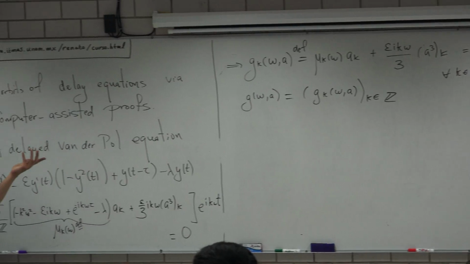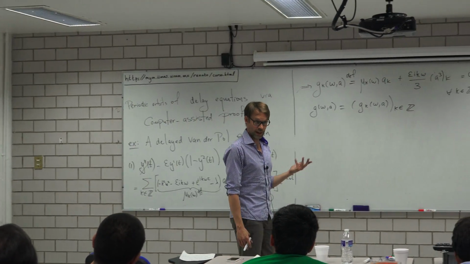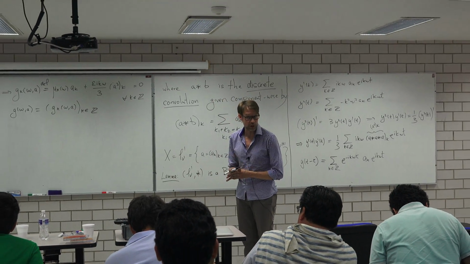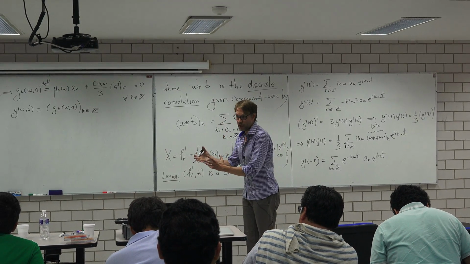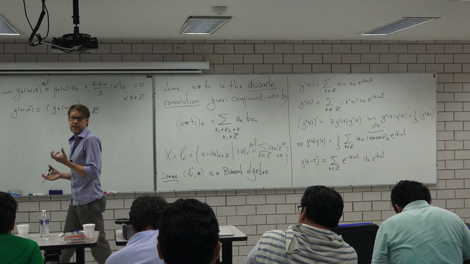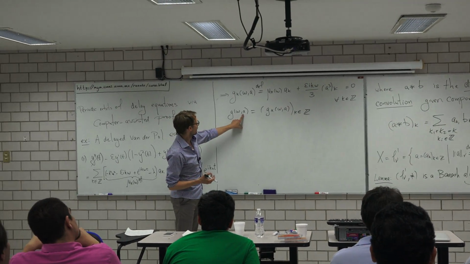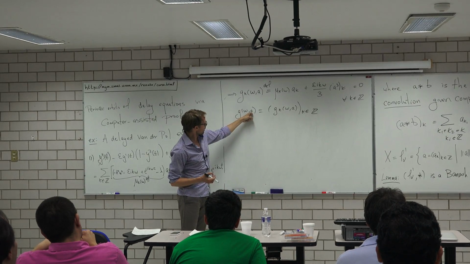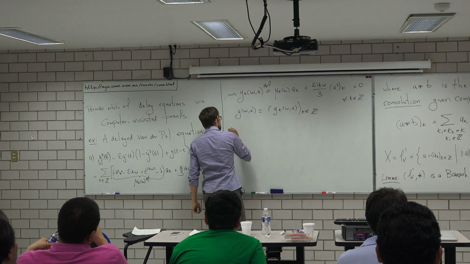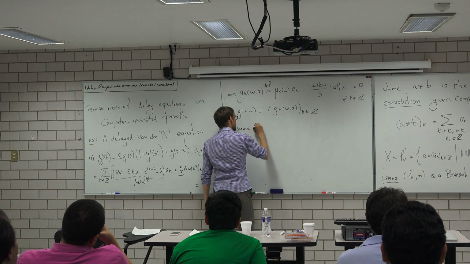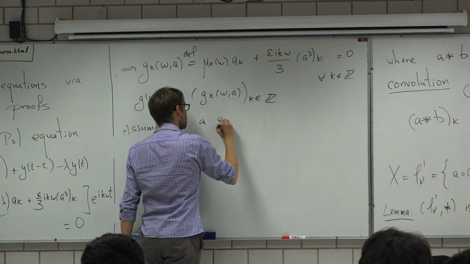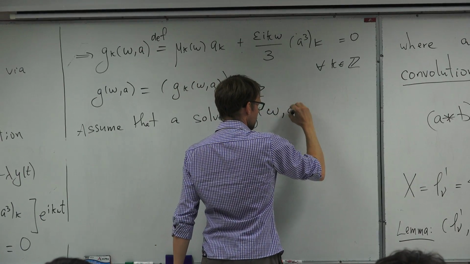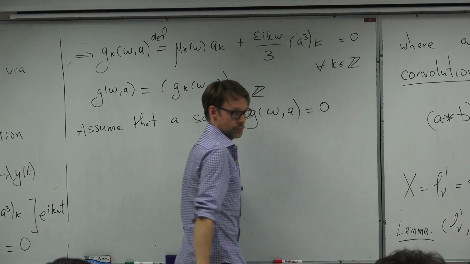But I would like to be able to use the contraction mapping theorem to prove the existence of a periodic orbit. In order to do that, I need to have some isolation in Fourier space. When I have a periodic orbit, it is isolated. But if you look at that, assume that A solves G of omega, A equal to 0.